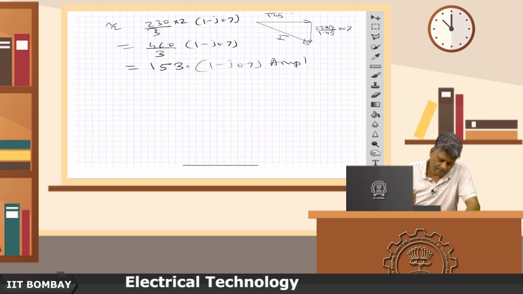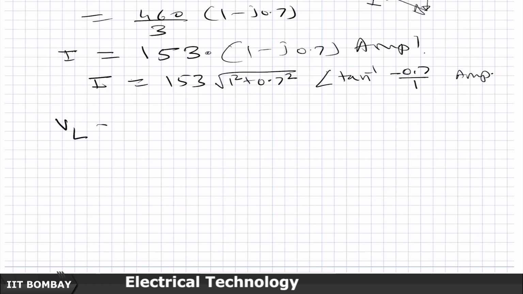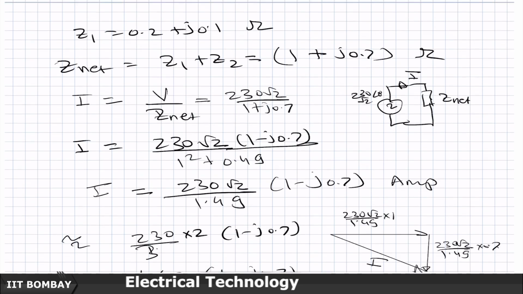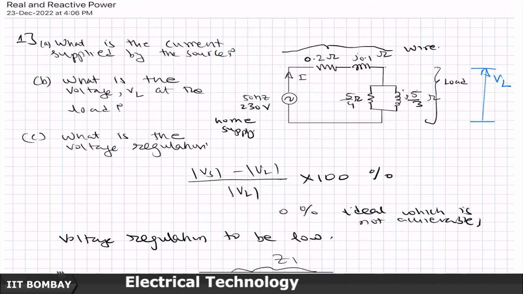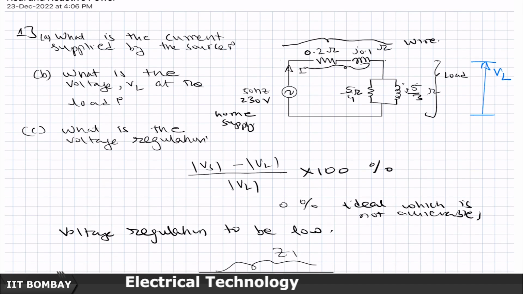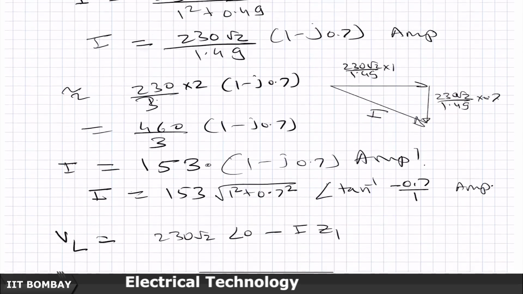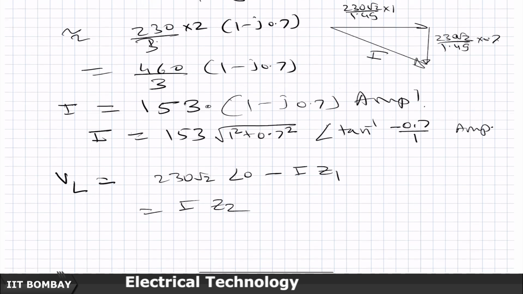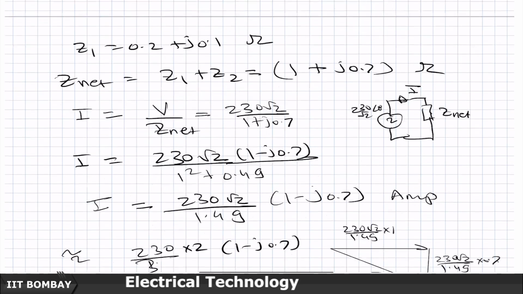bounds. Anyway, now the next question was, what is the voltage VL across the load? So, that is going to be 230 root 2 angle 0 minus this current times Z1, is it not? If I take this drop, this is one way of calculating it, or the other way of calculating it is the same as I times Z2, and I we know, Z2 also we know.